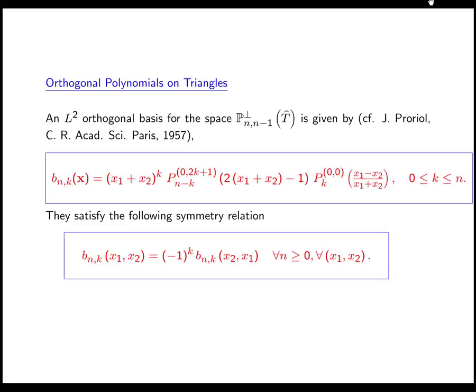And then one can prove, which is not so simple, it's worthwhile to look at this paper because the proof is quite interesting. They show that these are solutions of some eigenvalue problem. I guess one can do that also in an elementary fashion. These are these polynomials. And one property which will be important is this one.